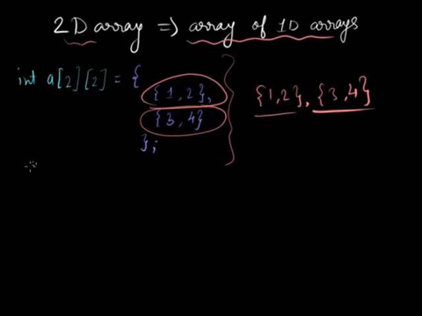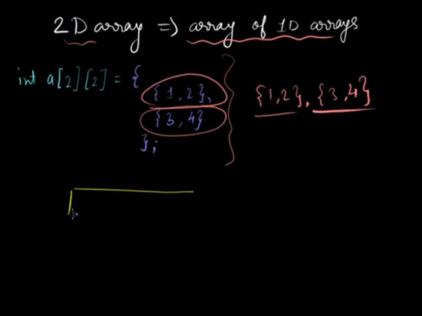So what we are going to do is to learn how a 2D array gets represented in memory. So we have an array of arrays. So an array is represented linearly in memory. So this is represented like this.